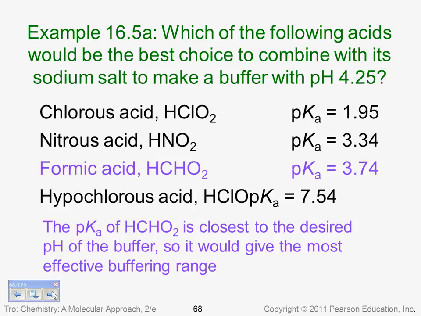I could probably get away with that. Again, I'm kind of near the edge of its range, but I could probably get myself above it. It wouldn't be quite as high capacity because of the ratio of acid to base I have. And hypochlorous acid? No, that one's too far away.